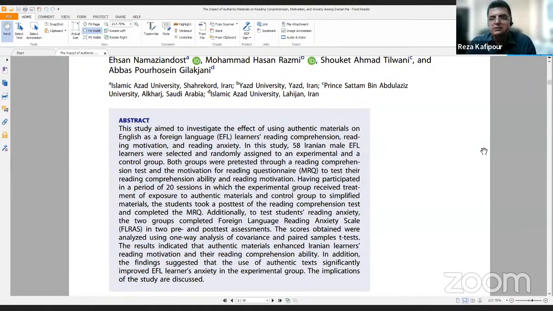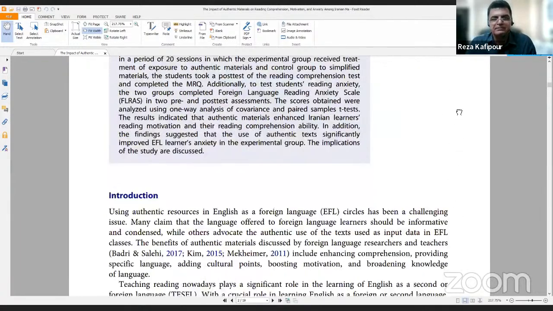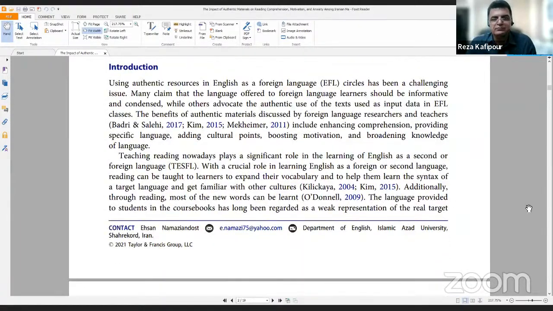Okay, so if we want to do it, we should go to the introduction section. Okay, we try to read it, and when I find it, I will tell you which paragraph or sentence we should pay attention to, okay? Okay.